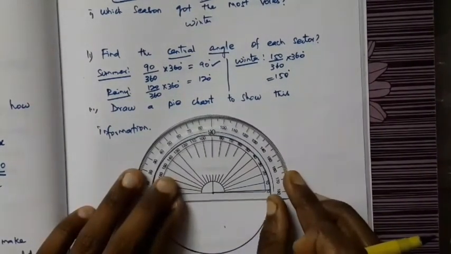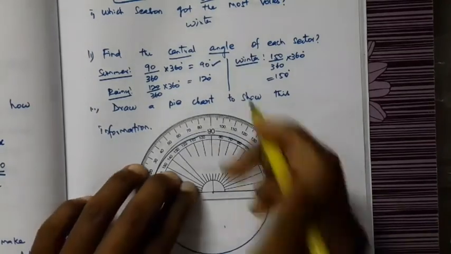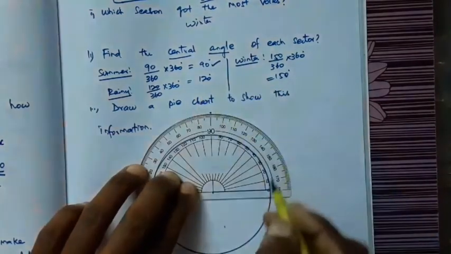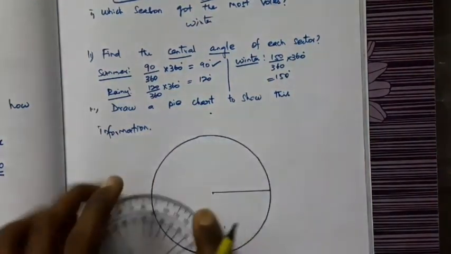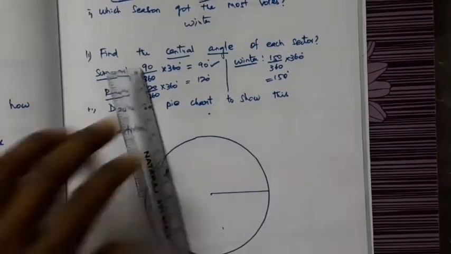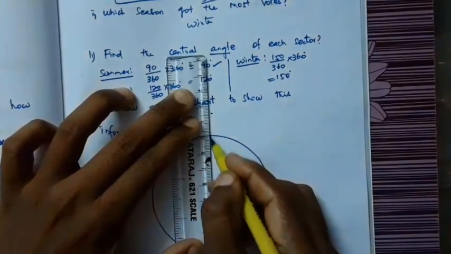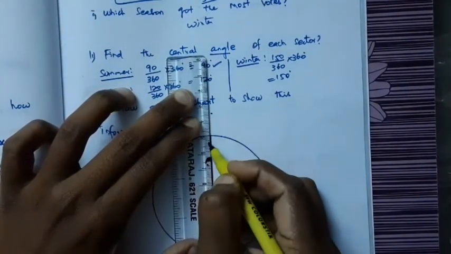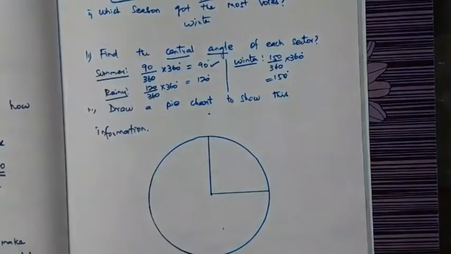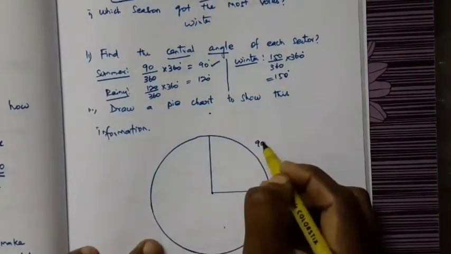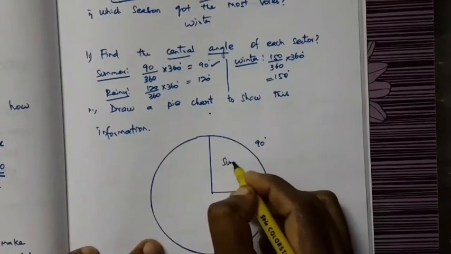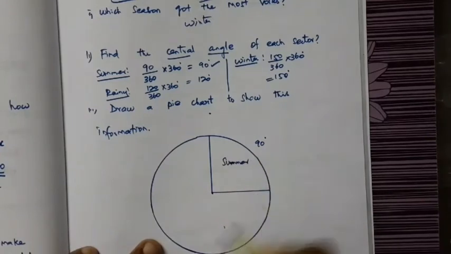So keep your protractor like this, and here it is 90 degree. From here to here it is 90 degree. Now I will join this. If you extend it should join here. This is 90 degree, 90 degree. This is summer season, this for summer.